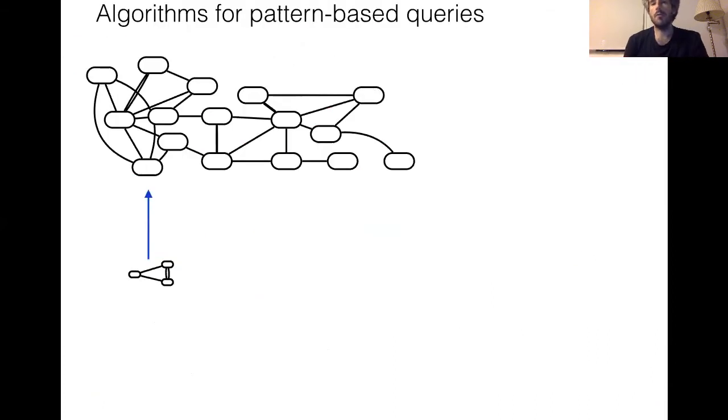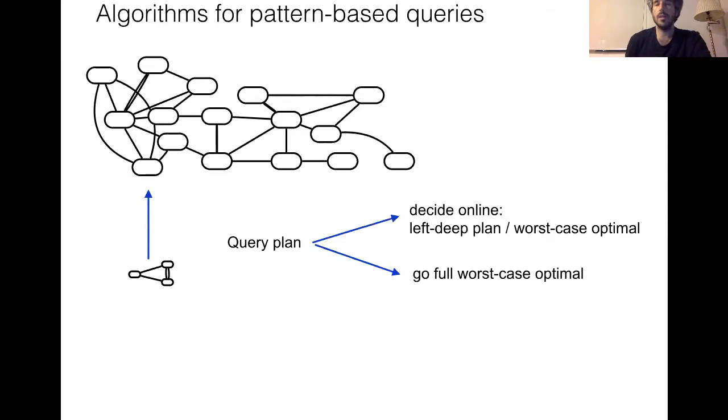And also from a higher level overview, when we want to issue a pattern over a graph database, there is basically the question of a query plan, and now we have two options. So we can live with both worst case optimal and traditional algorithms together and somehow manage to decide online which is the good option. I'm not aware of any work that has studied that option as well.